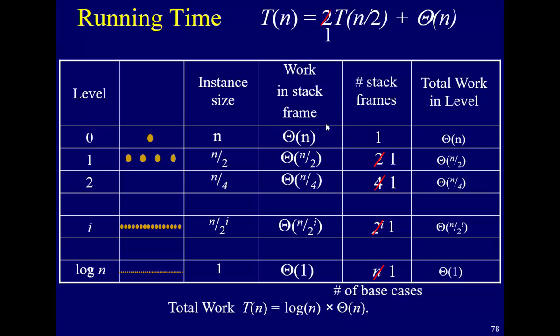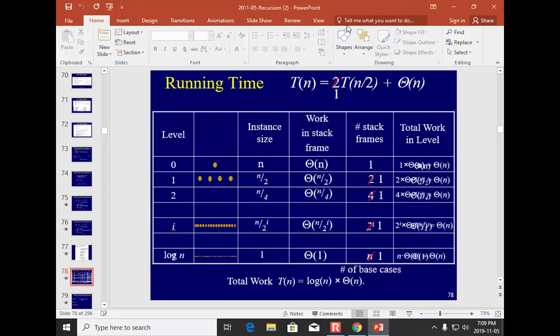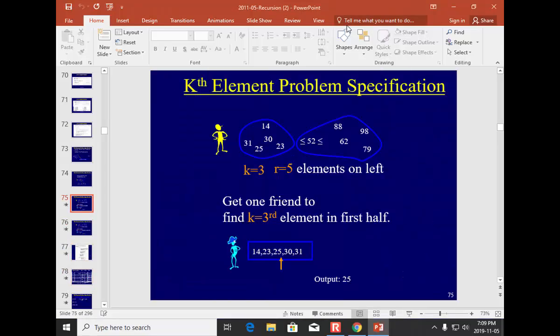All right, suppose we change the number of friends. We don't want to go into too much detail, but we split it into 2 lists, and we're only looking for one number, and we know which half it's in. We know because if there are 5 elements over here and we're looking for the third, then we're looking for the third on this side.